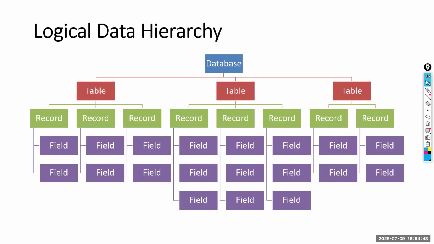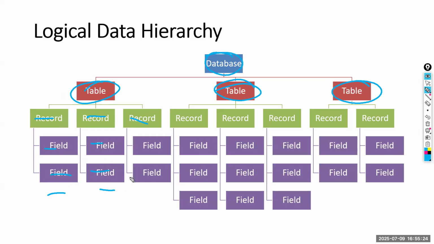Now let's look at your database as a logical view, the designers' and developers' view. We look at the database as a set of tables or relations. Of course, there are relationships between these tables also, but we are only interested in data. Each table or relation has records, and each record has a set of fields.